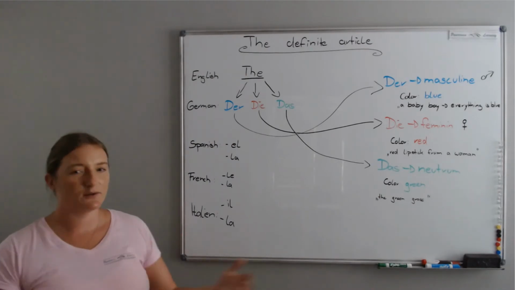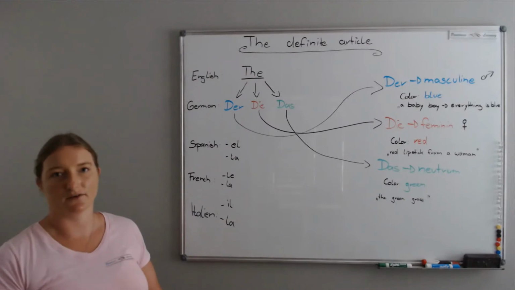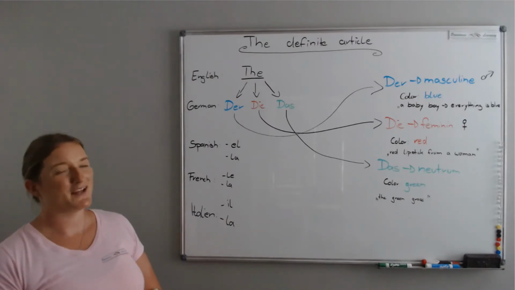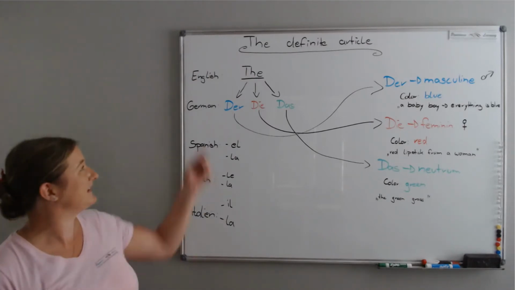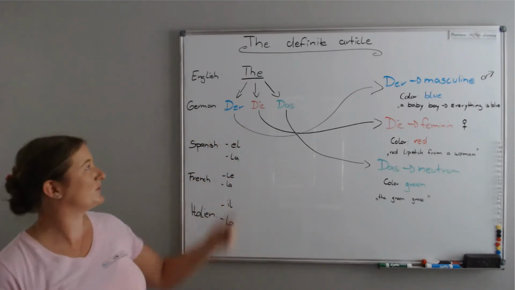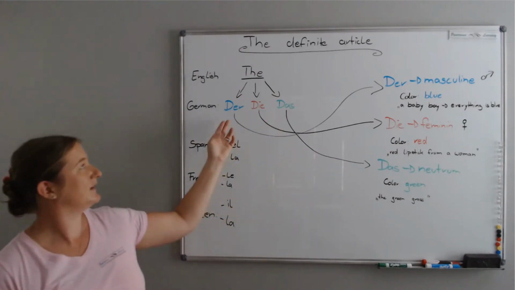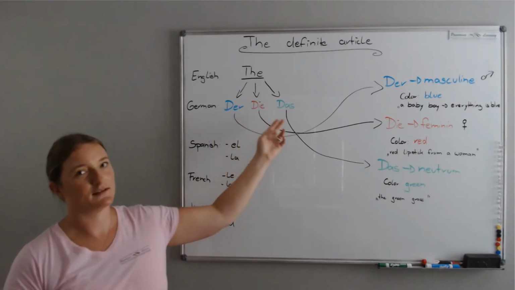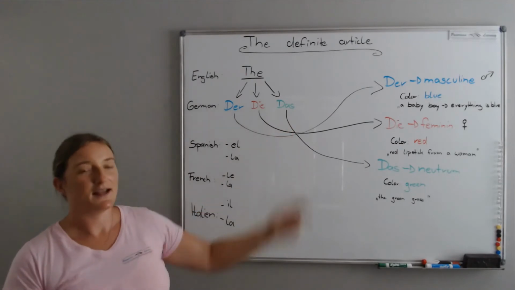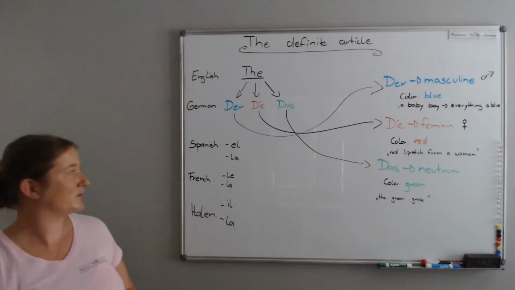So all the nouns you will find, you add the definite article the. In German, unfortunately, it's not that easy. We have 3 definite articles, which are der, die and das. Der, die and das. And this is not that uncommon when you have a look at other languages.